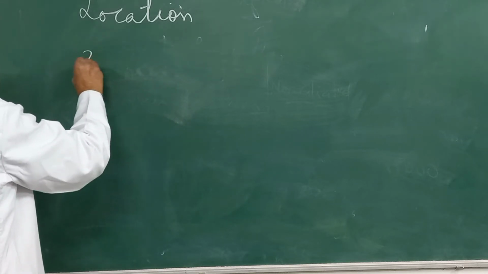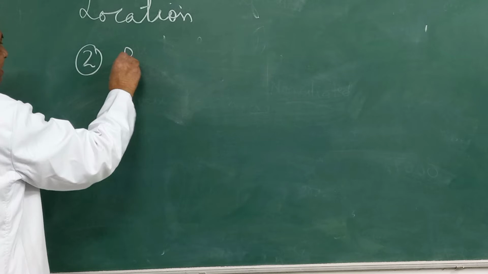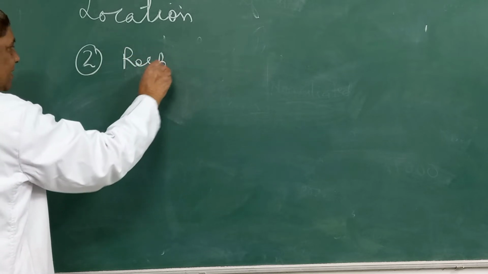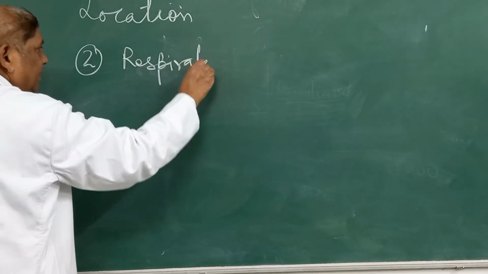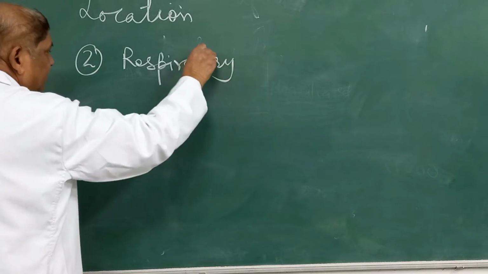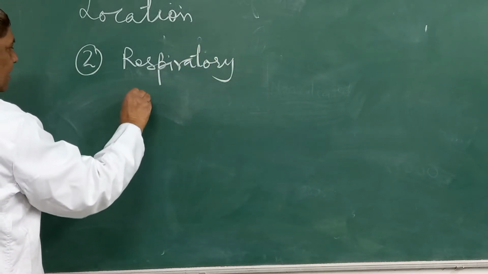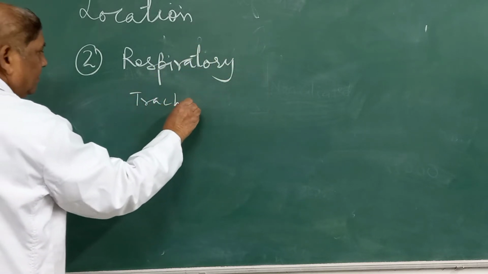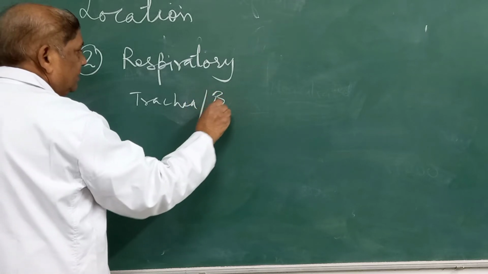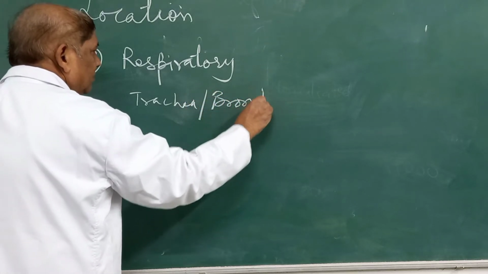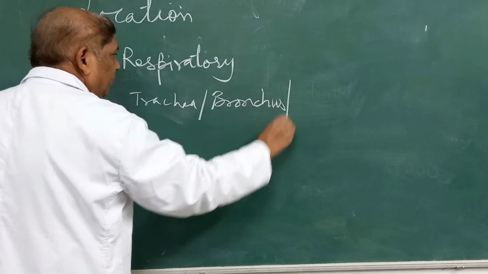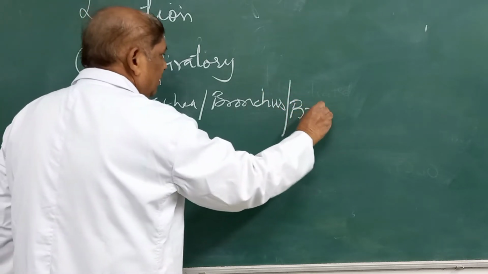The second location is in the respiratory tract. And this is from the trachea, bronchus, and bronchioles. Okay.